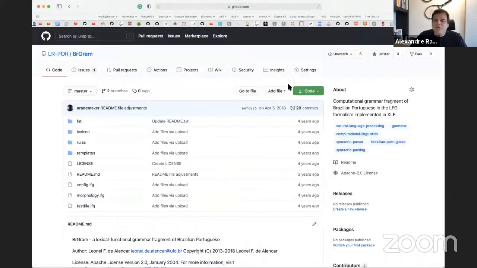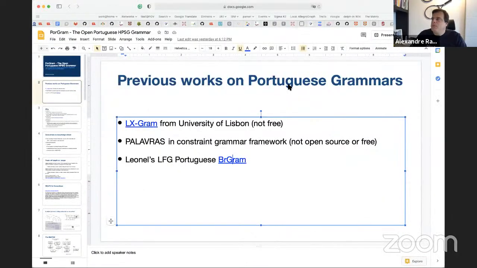I think I convinced Leonel to migrate to HPSG, mainly because, compared to LFG, with HPSG we have a bunch of tools that are completely open and freely available. In the case of LFG grammar, the LFG formalism itself is free, so the license that Leonel chose is a free license.